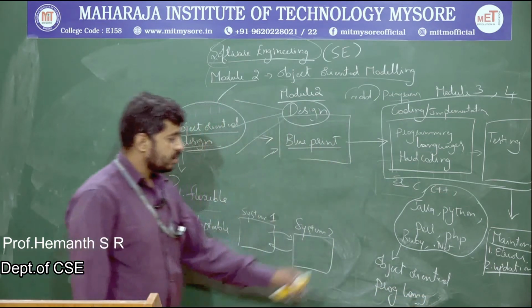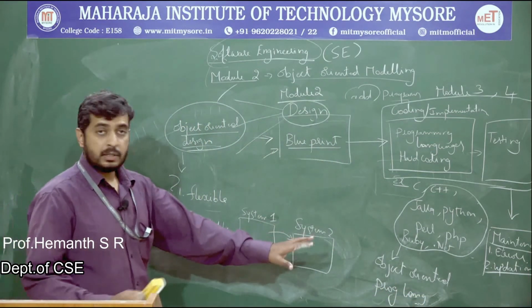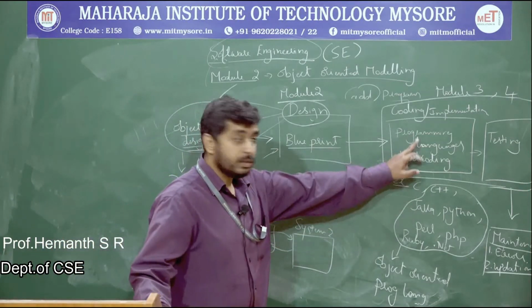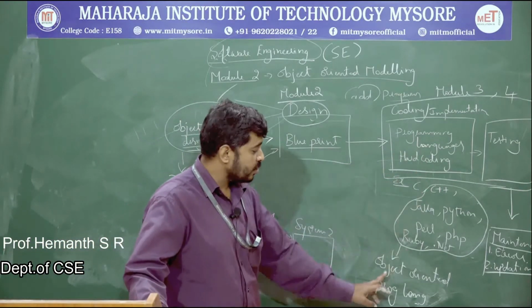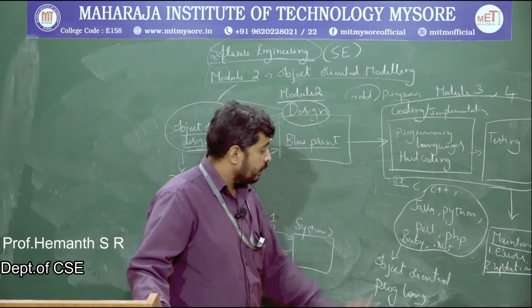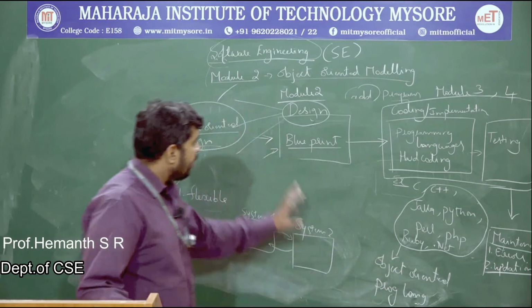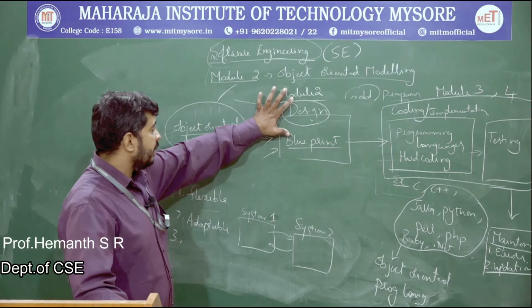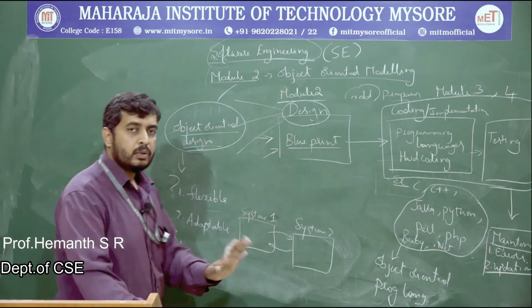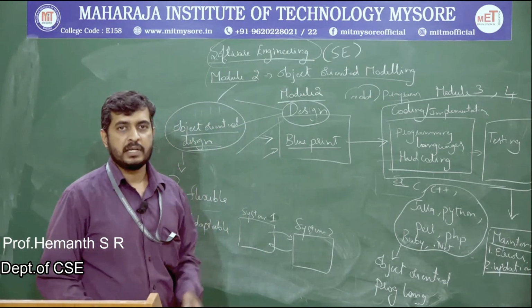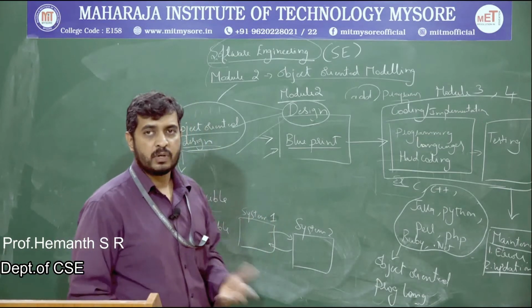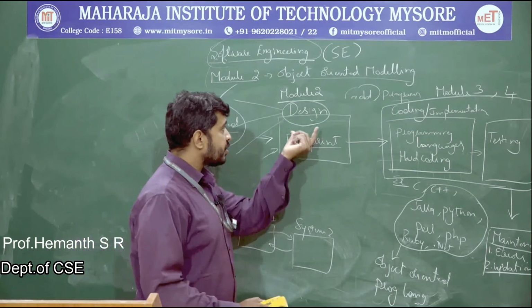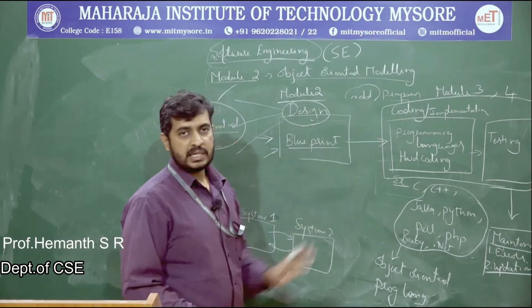Now what is the benefit of this? See, the programming language using which you are doing the coding itself is object oriented. Now if we come out with a design which is object oriented, do you think there is some obvious benefit? Definitely there is a natural advantage here. What is that? Easy transition of design to coding, that's it.